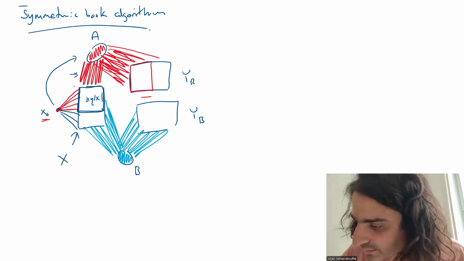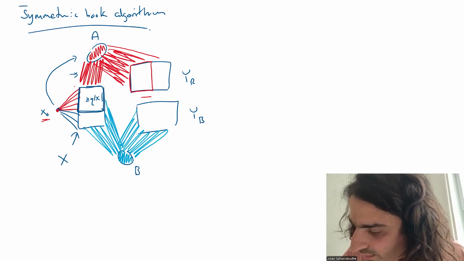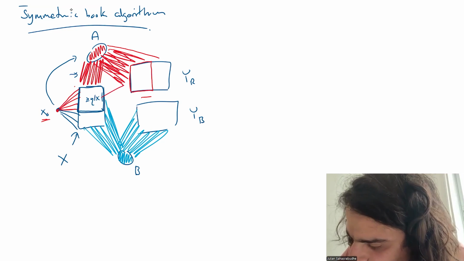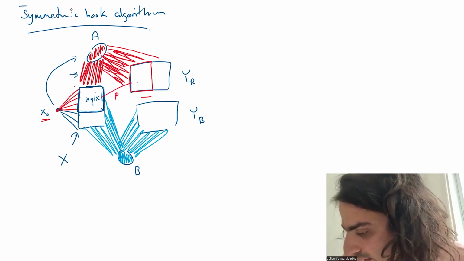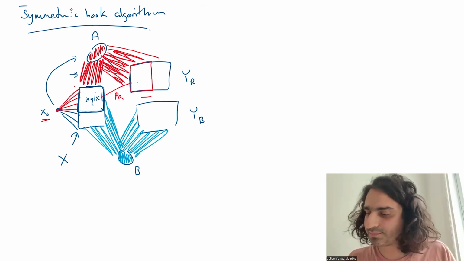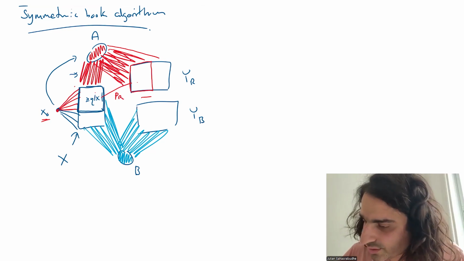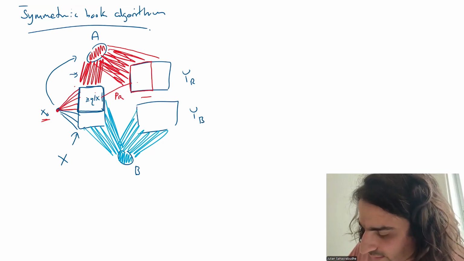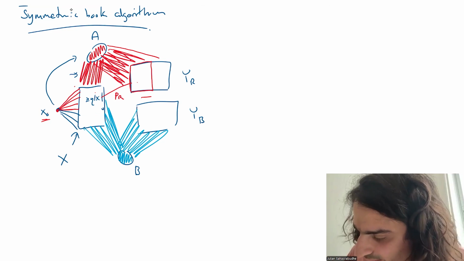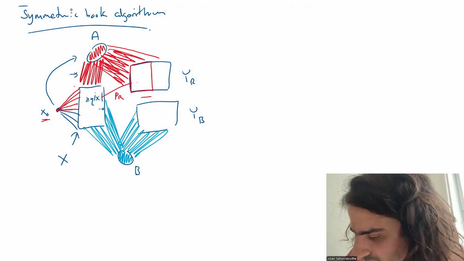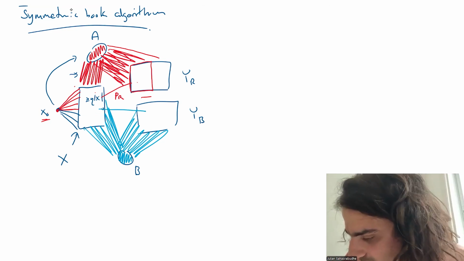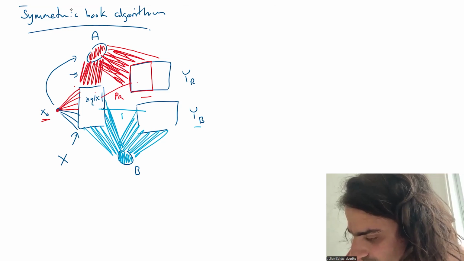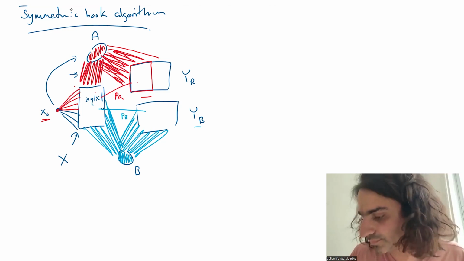Okay, so let me put some names on these things. Let's say that the red degree between here and here, or the red density, is p sub r. And symmetrically, I'm going to say that the blue density, sorry, this is from all of x, the blue density between x and y sub b is p sub b.